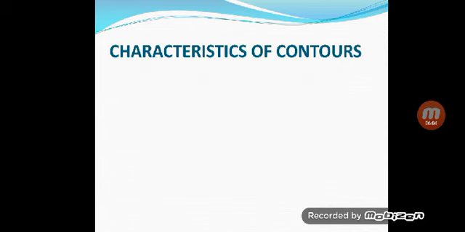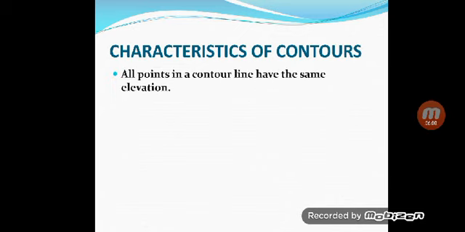Next important is the characteristics of contour lines. The first four characteristics are very easy to understand. The first characteristic is the definition of the contour: all the points in a contour line have the same or equal elevation.